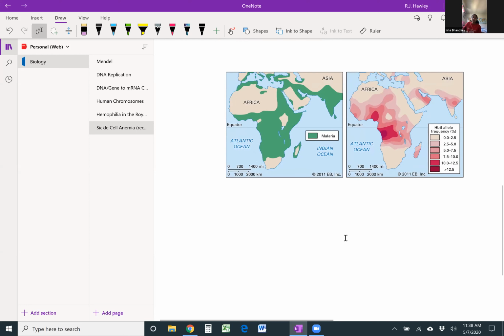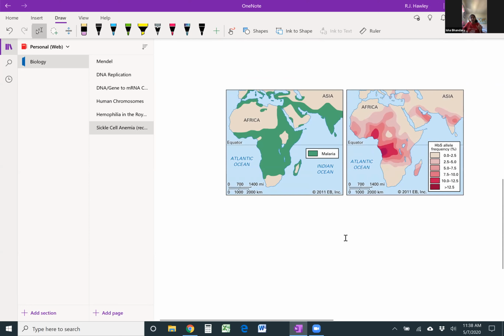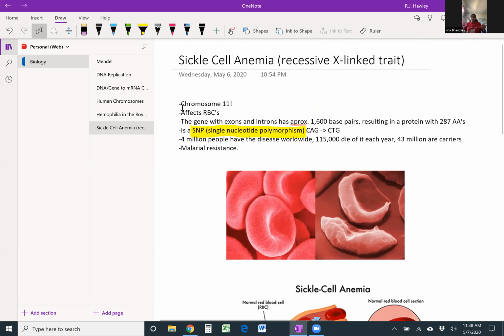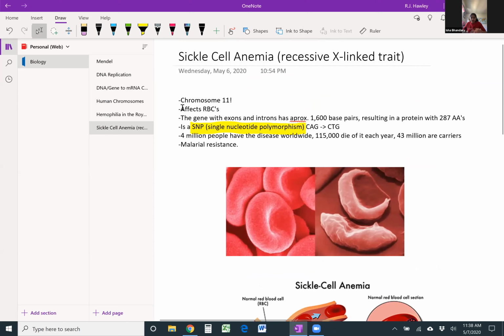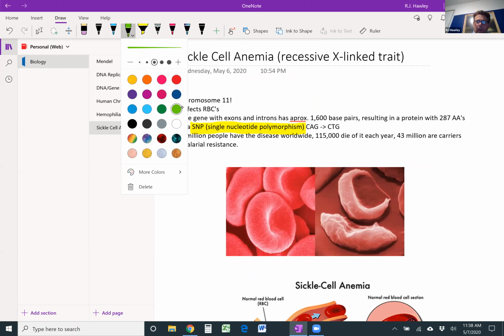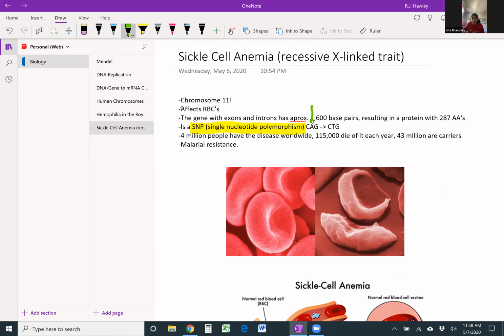Mr. Holly? Yes. So when you were showing the base pairs of when someone gets the disease, what would be wrong? Would it be the T or the G? So right in here, this A becomes a T. Oh, okay.